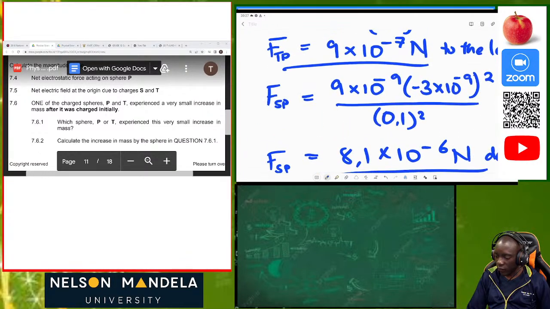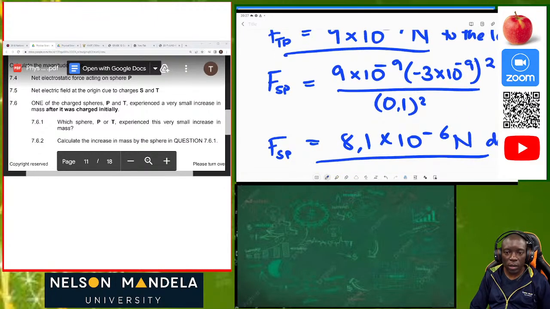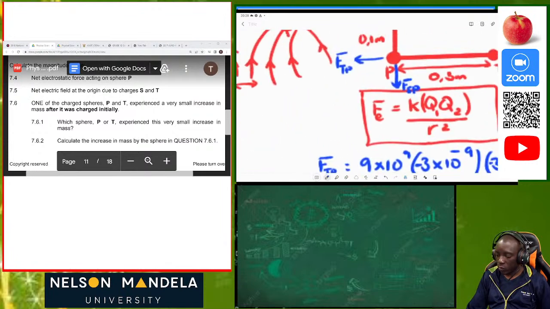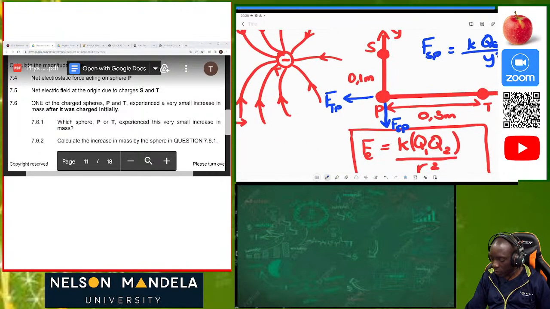And to find the net force, we need to use Pythagoras theorem. So if those are the two forces, the net force is the resultant, which we obtain by drawing a parallelogram of vectors.